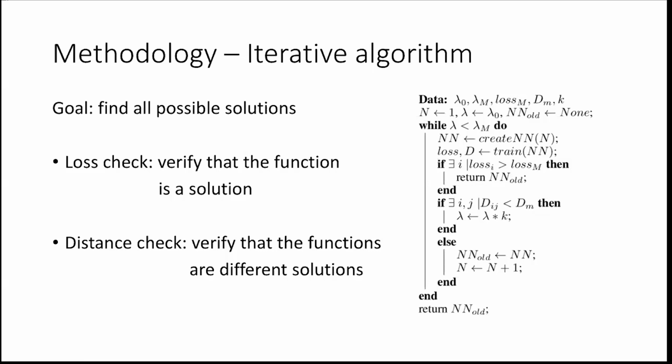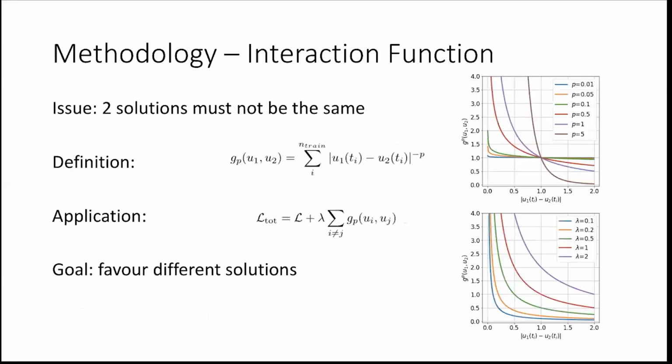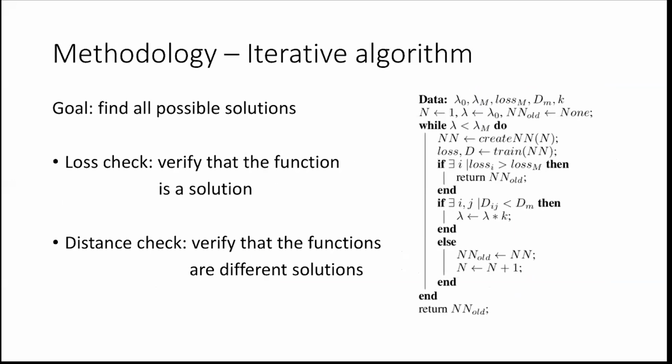Sorry. Okay, and how do you choose the value of the threshold and, for example, the K? The threshold for testing whether the network is a solution. Sorry, can you repeat? So how do you choose the threshold for testing whether the network is a solution? So how do you choose the loss M, for example? Okay. Yes, the loss M is basically just a value of the loss.